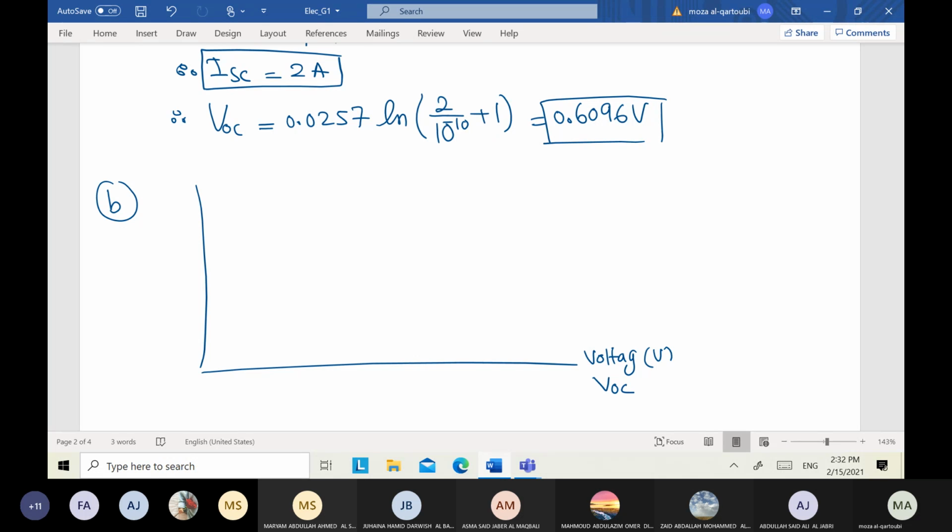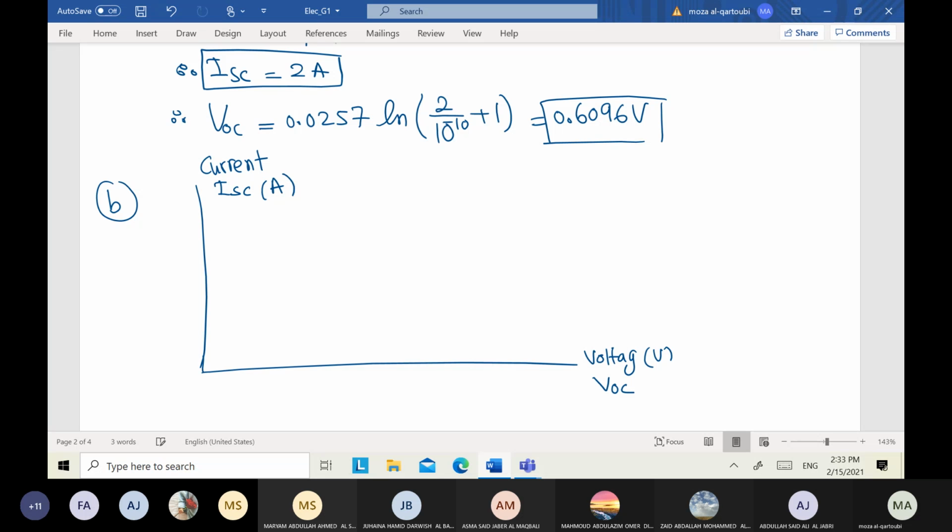And current, which current? Short circuit current, because the saturation current is the same, not different. So I short circuit, in ampere.